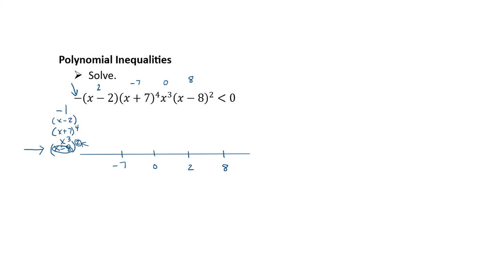So if it's always positive, it's not going to have any change on the behavior of that function. We don't even have to test it. Same with this one. If the number that we're putting in for x here causes that to be a negative, remember, it's to an even power anyway, so it's going to be positive always.